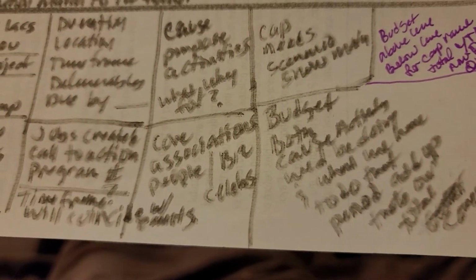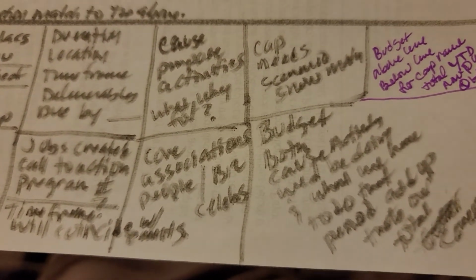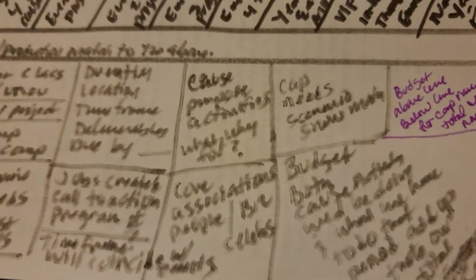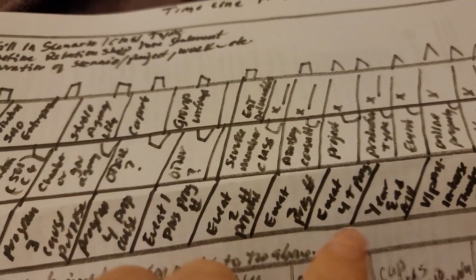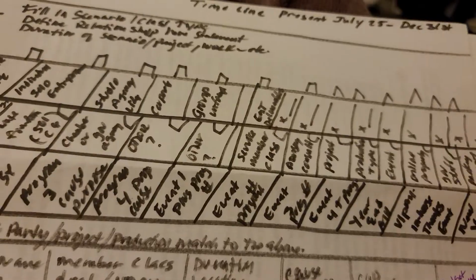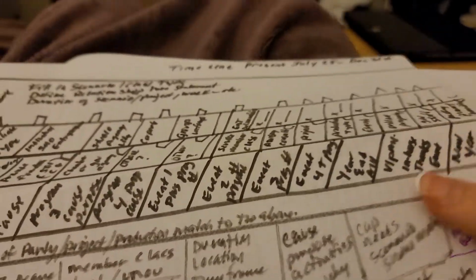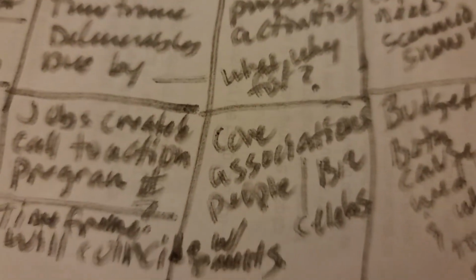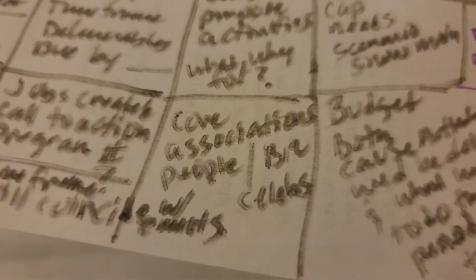Budgeting for both the cause activities of what we're doing, meaning whatever's falling in this timeline, that's our above the line costs. So we have to include that in our breakdown and assertions for what it exactly is that we're doing.